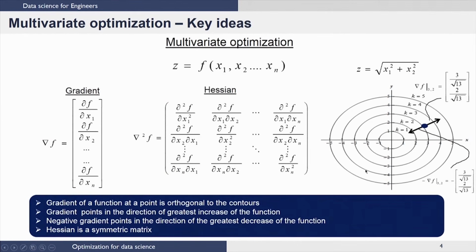So, let us get back to finding out analytically how we solve this problem. If you have a multivariate optimization problem where z is f of x1, x2 all the way up to xn, let us contrast this with the univariate case, where z equals f of x, just one variable.